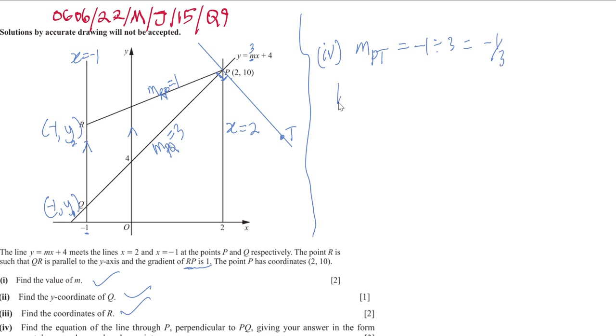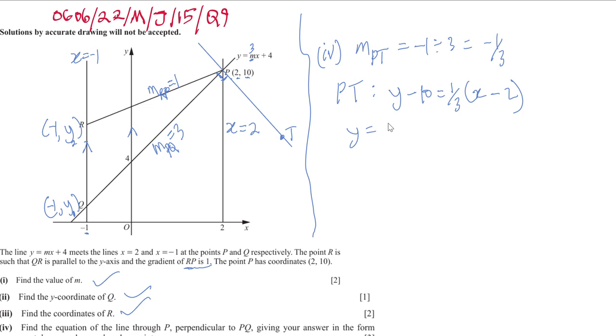So the equation of this line that passes through P is going to be y minus y1. Now the coordinate P (2, 10) lies on the line we are finding, so we can substitute these values x equals 2 and y equals 10 into the general equation of a straight line: y minus y1 equals gradient multiply x minus x1.